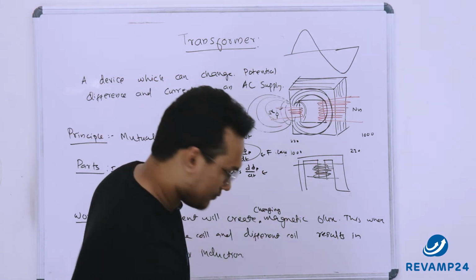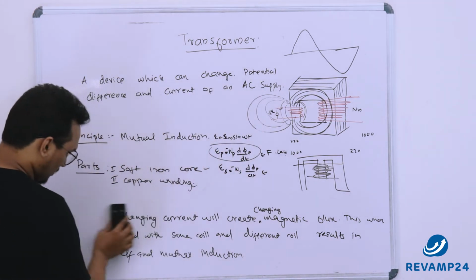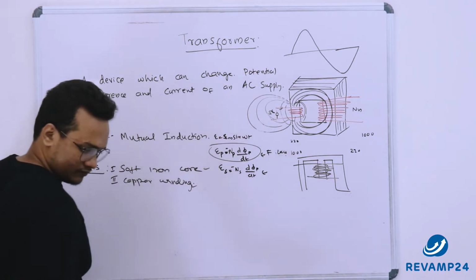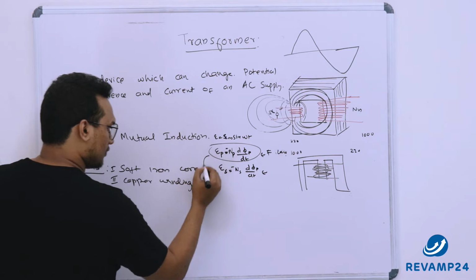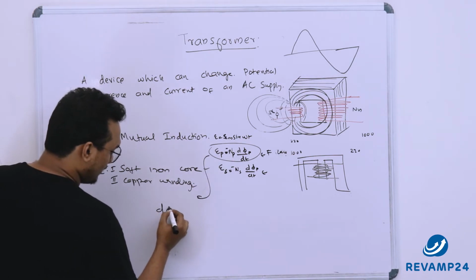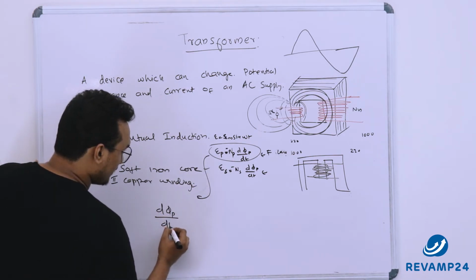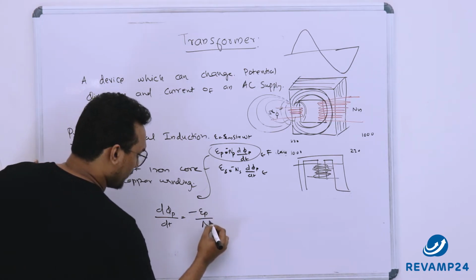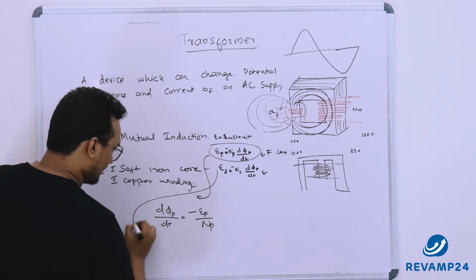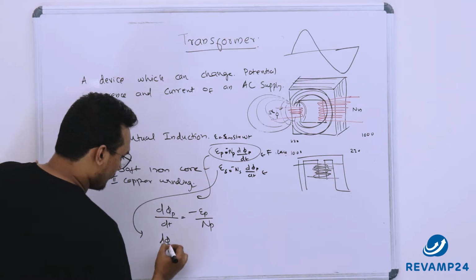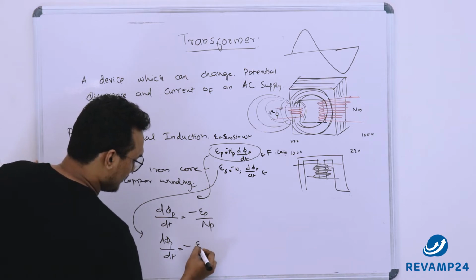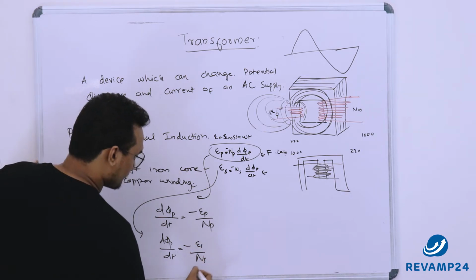Working as per the first equation, I would get d phi p divided by dt equal to minus ep divided by Np, and as per the second equation I would get d phi p divided by dt equal to minus es divided by Ns.